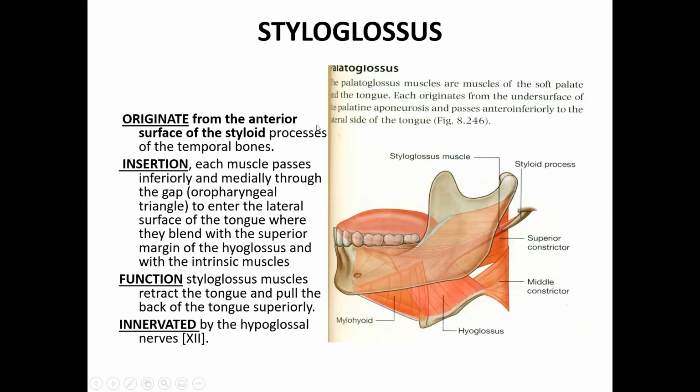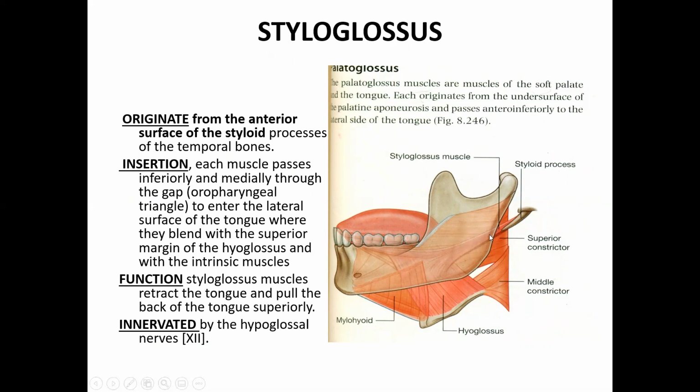Styloglossus muscle. The styloglossus muscle actually comes from the base of the skull. This is the styloglossus muscle. The function of this muscle is to elevate the tongue. The elevation of the tongue is carried out by the styloglossus muscle. It comes from the styloid process at the base of the skull.